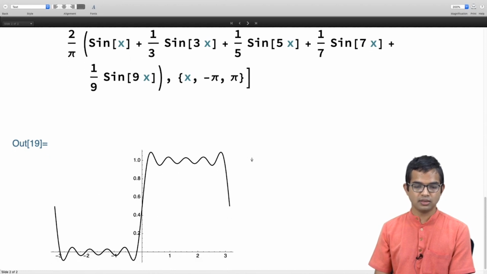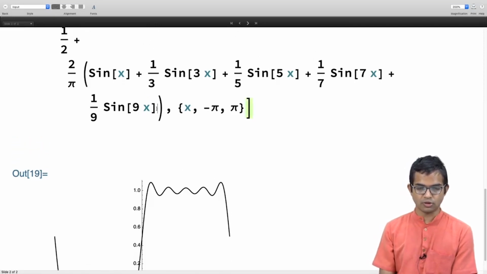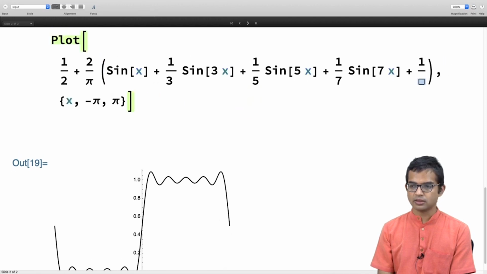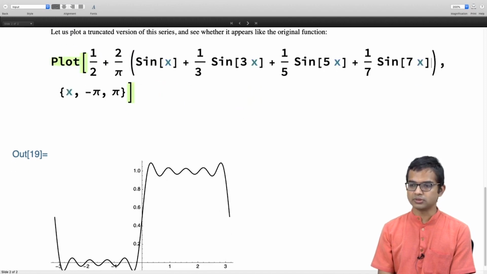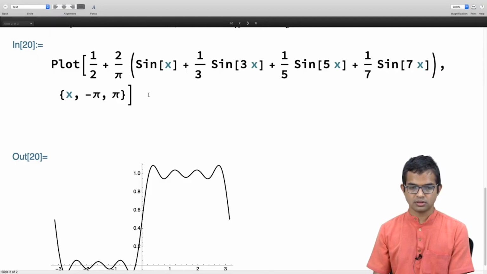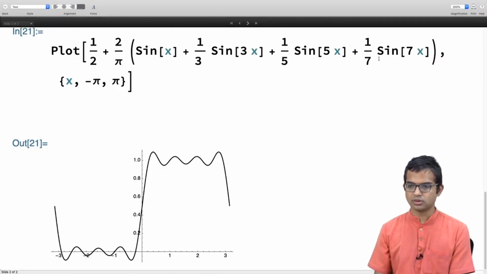You see that indeed it works out very well. The actual function is something like this. It's 0 in this region, and then it's going to be 1 here. So let's keep on reducing the number of terms. If I take this only up to 4 terms, then it looks like this. It's not too bad.